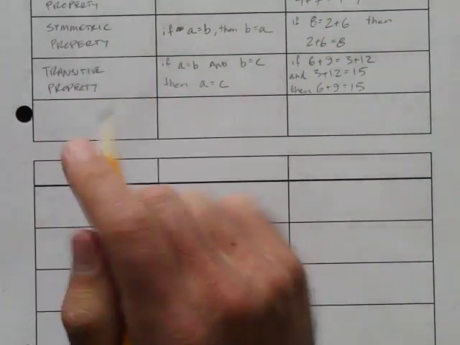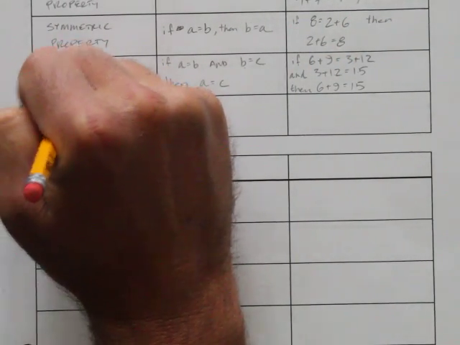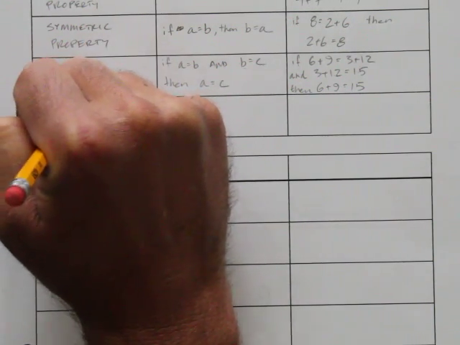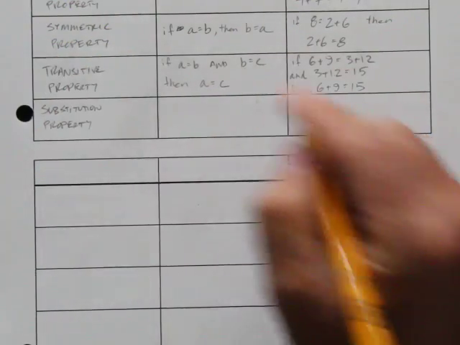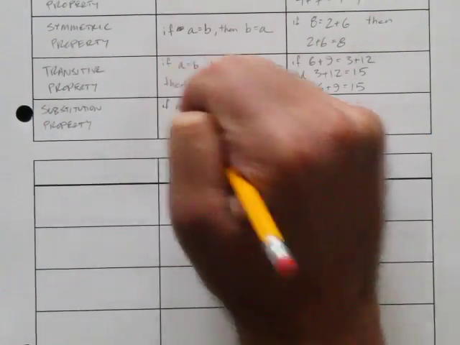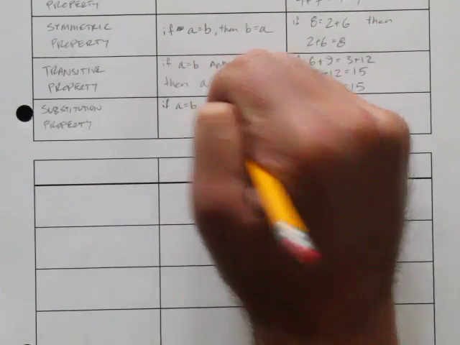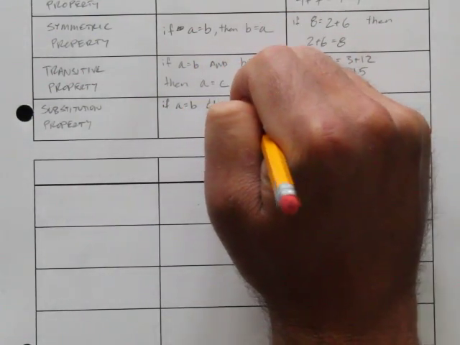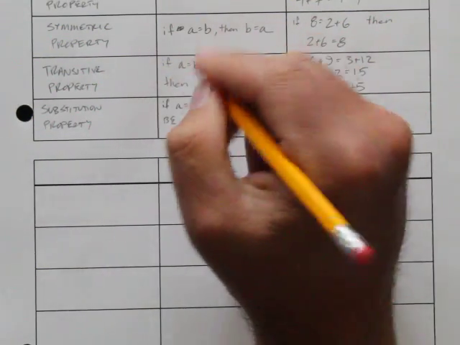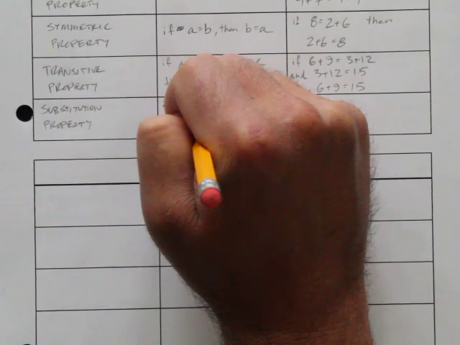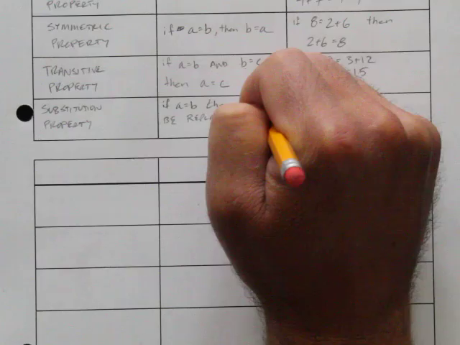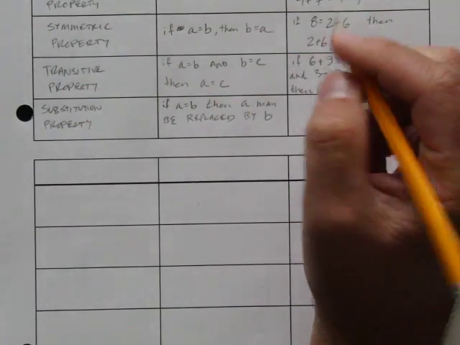Next, substitution property. If A equals B, then A may be replaced by B in any expression.